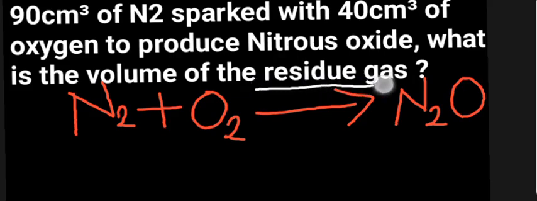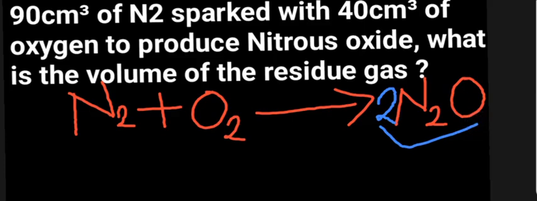The first thing I'm going to do is to balance the reaction. Since we are looking for the residue gas, it simply means the volume of the unreacted gas plus that of the product. So let's look at the balanced reaction for this. There are two oxygen atoms on the left side, so I'm going to place a 2 in front, just to balance these two on the right side.